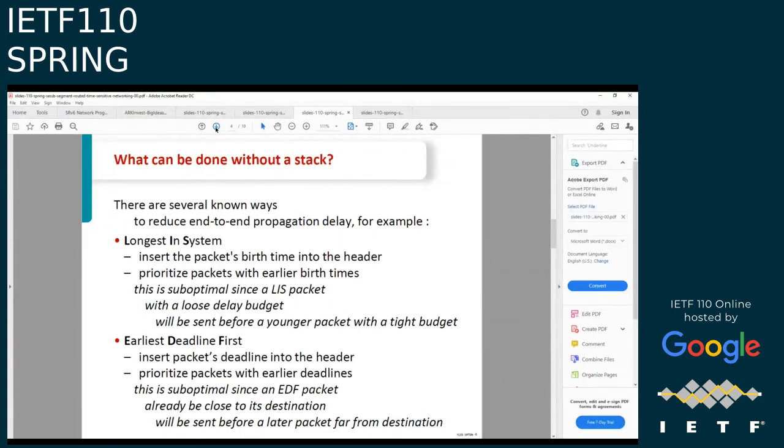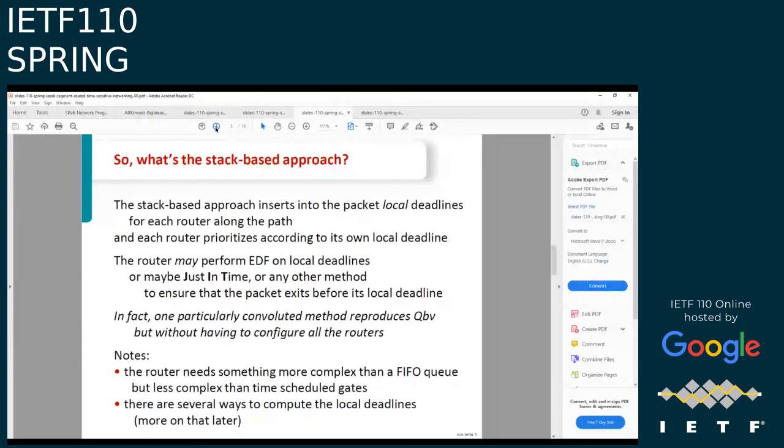But that's not optimal either, because every router along the way, other than the egress router, has a single number and cannot tell how much further the packet has to go after it leaves this particular router. So a router which is close to the beginning of the path really doesn't have very much information to work on.